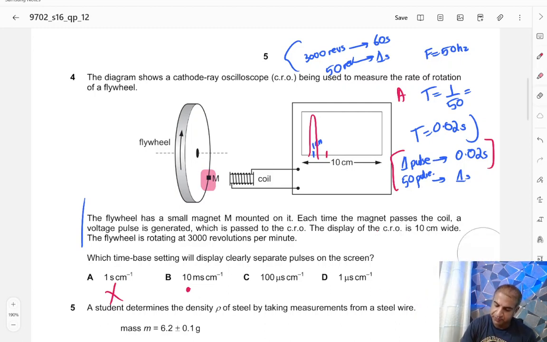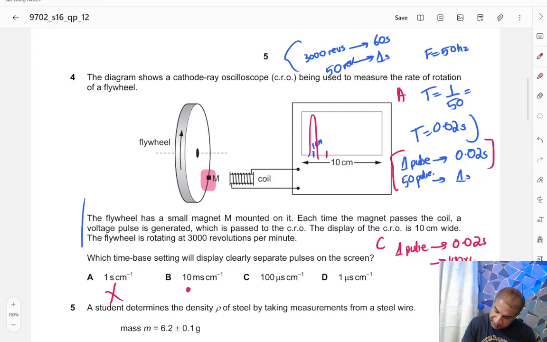Let's just move on to option C. So one pulse again is equal to 0.02 seconds. And what time do we have? The time is 100 microseconds.